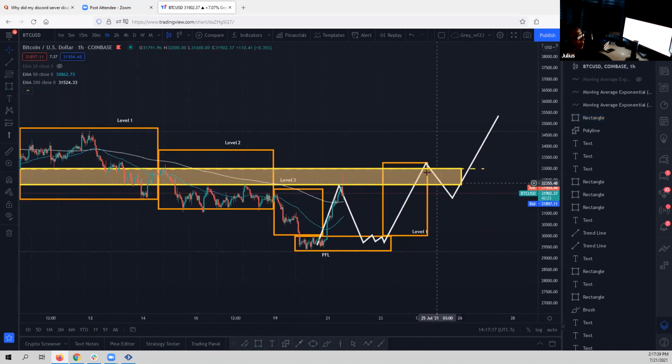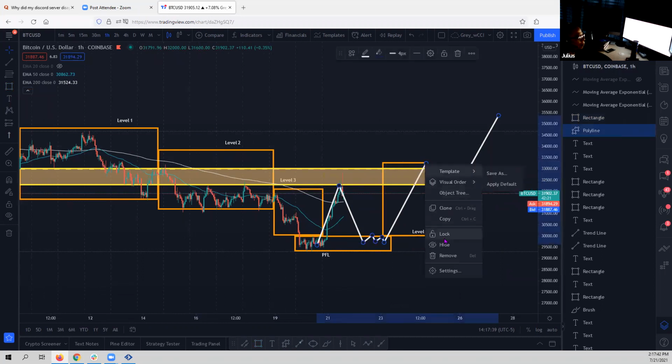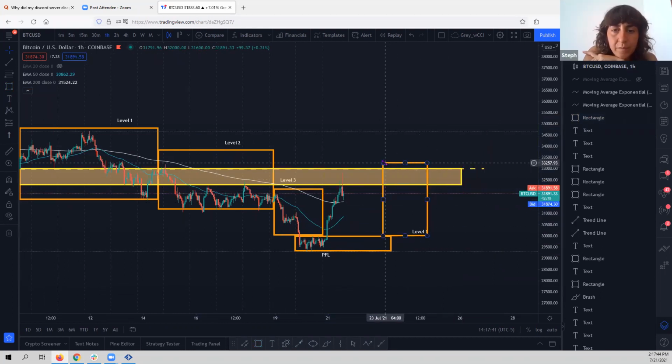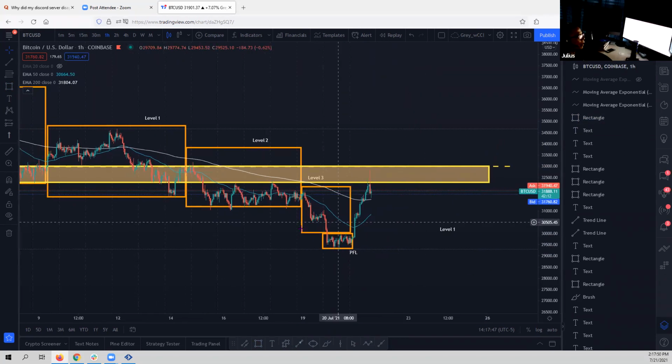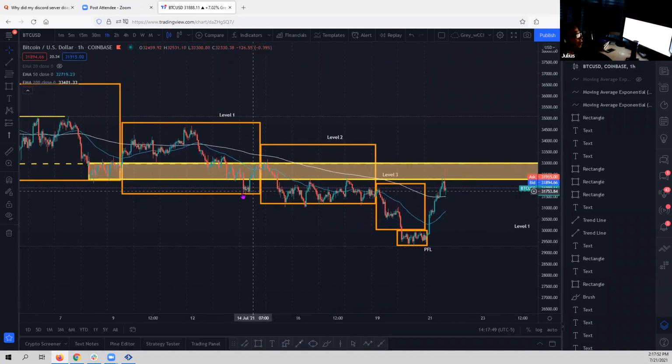So take a look what price did, right? Price basically, and that's a big deal because look, you've got liquidity here, a squeeze of liquidity here. It broke this liquidity, but the significance of this is a lot of liquidity, and take a look at it.